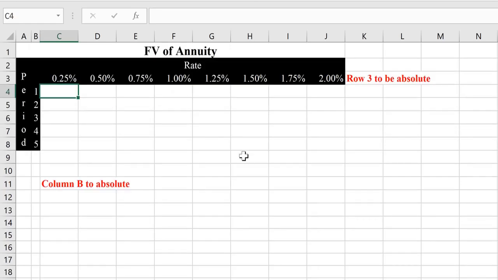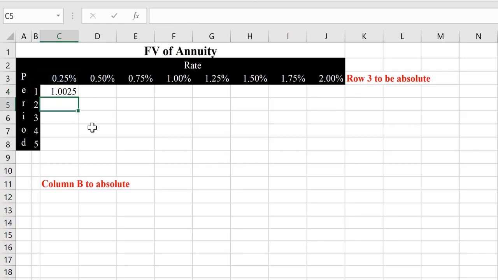In order to find the future value for 0.25% at the end of year 1 for a single unit, we need to apply the formula equals open parenthesis 1 plus interest rate, close parenthesis, raised to the power, which is the caret sign, year.